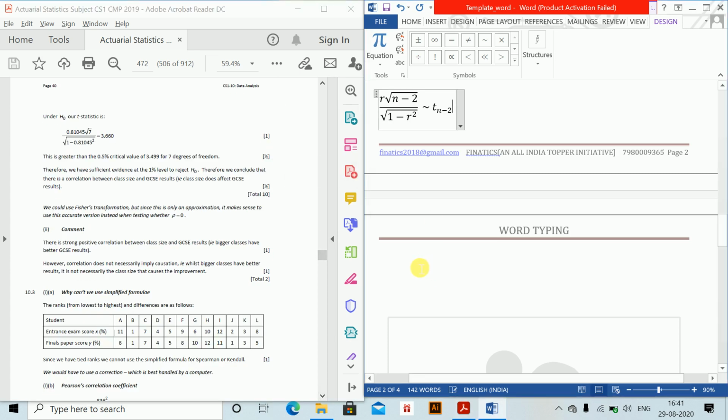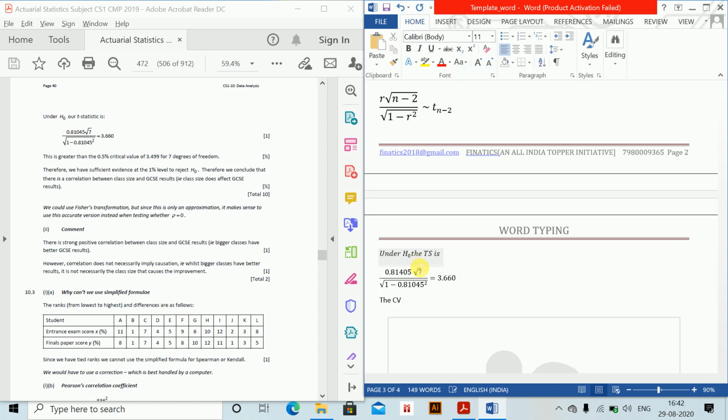So under H0, the test statistic is 0.81405 √7 divided by √(1 − 0.81045²), which is equal to 3.660.